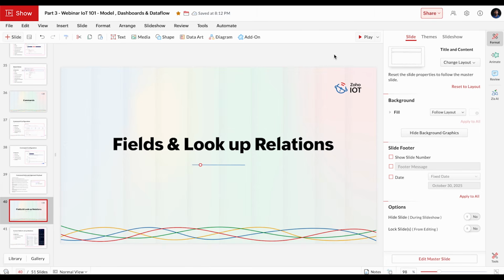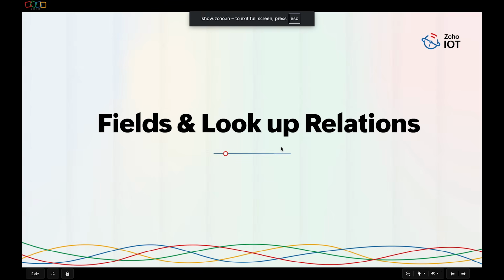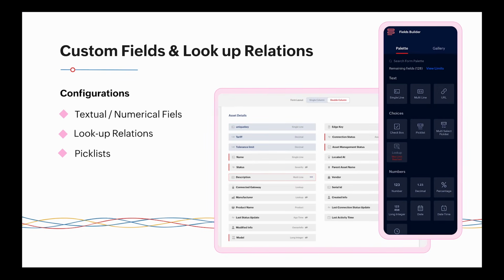The next section is the fields and the lookup relationships. You know that you can define multiple metadata information as fields. So we have custom fields for that purpose, and a field builder for that.